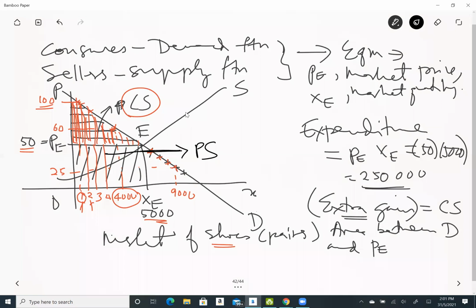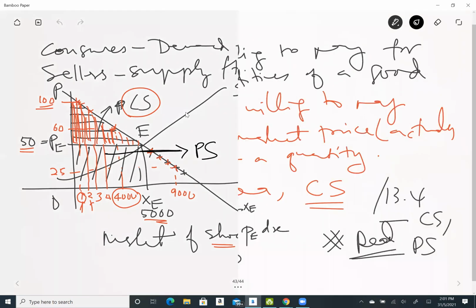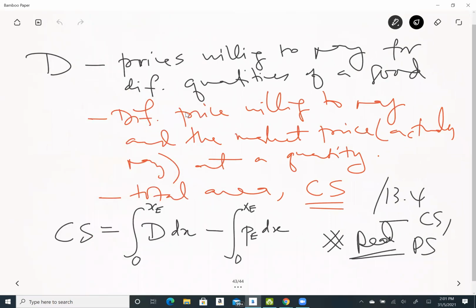So that is the extra gain to the firms or to the sellers by doing the exchange. So producer surplus, we call it PS. That is the extra gain.